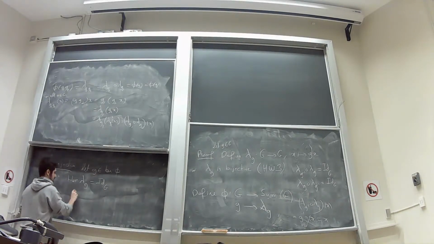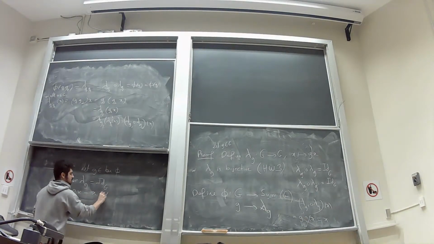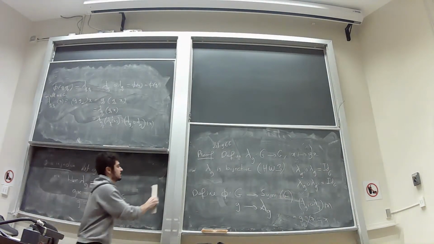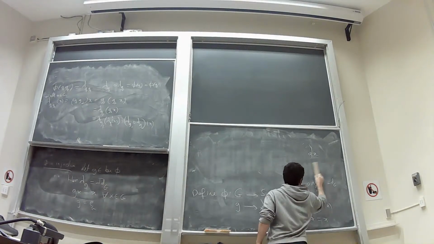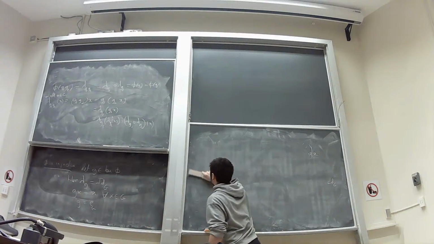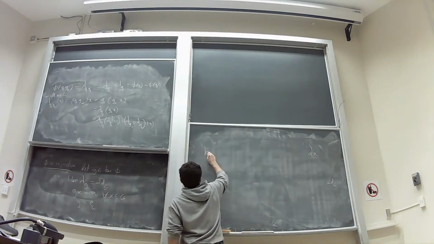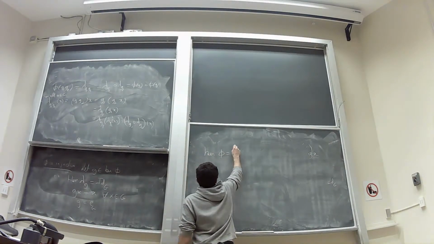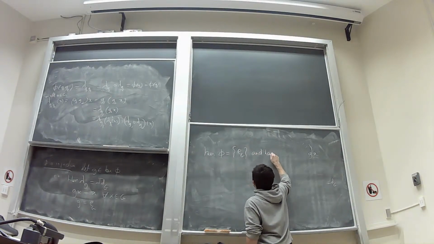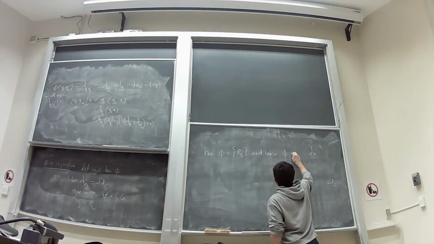It means that gx is equal to x for all x in G. Hence g must be the identity. So the kernel of phi is the identity, and hence phi is injective.